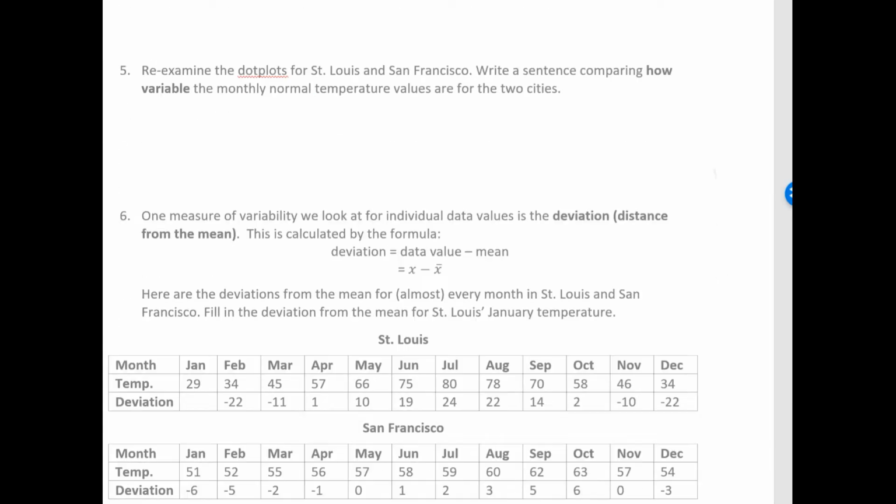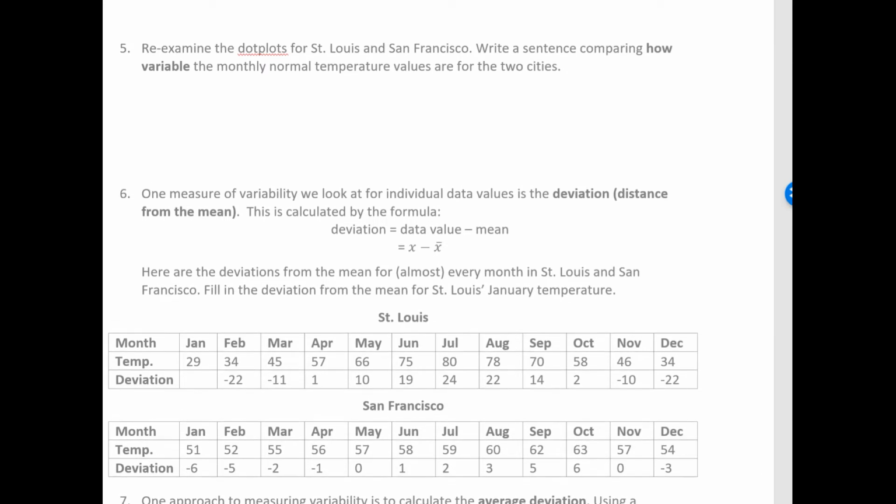Once you've considered that, I want you to go back to the dot plots and take a look again at the data for both St. Louis and San Francisco, and then write a sentence comparing how variable the monthly normal temperatures are for the two cities.